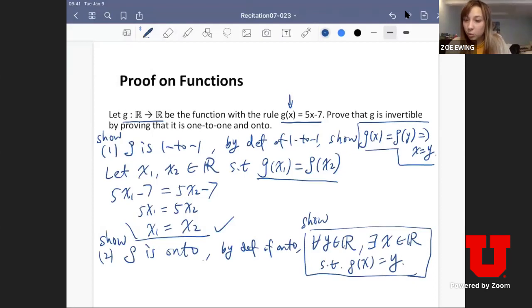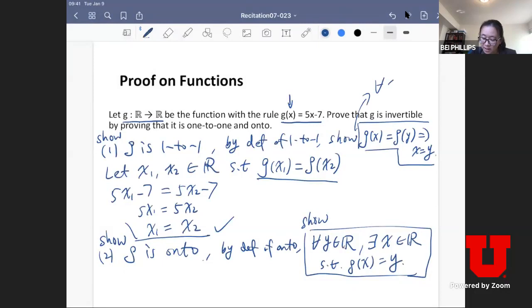Yes. Are there any cases where x1 equals x2, but g of x1 does not equal g of x2? So far, all the examples I found all show that they're equal. Yes, yes. In this particular problem, you want to show it's one-to-one. That means this is actually for any x, y that is in R. So you can't, in this particular case, prove it by example because you have R, which is an infinite set.